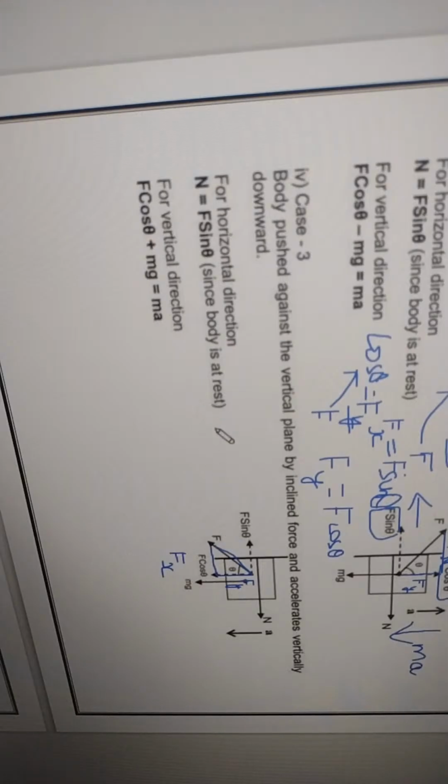So we will consider sine theta now. Sine theta is equal to p by h. P is this F of x, so sine theta equals F of x by F.